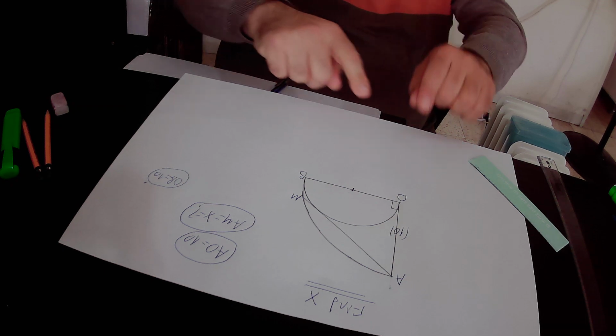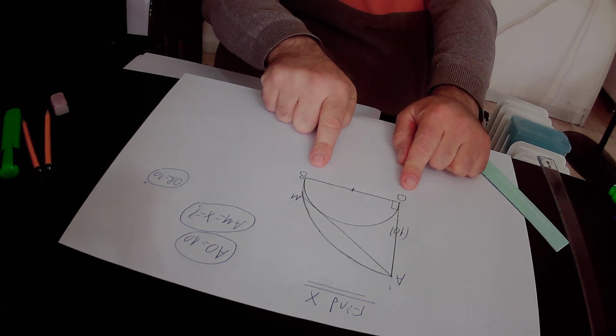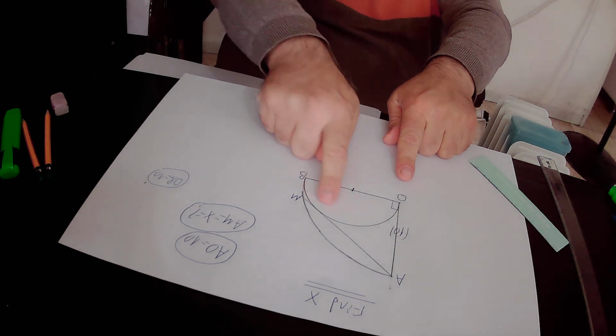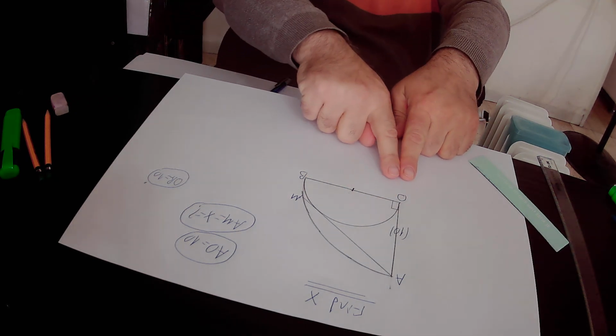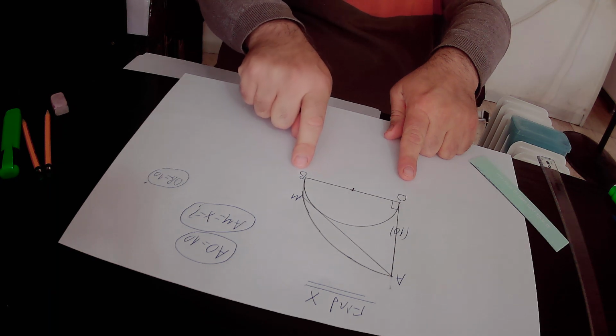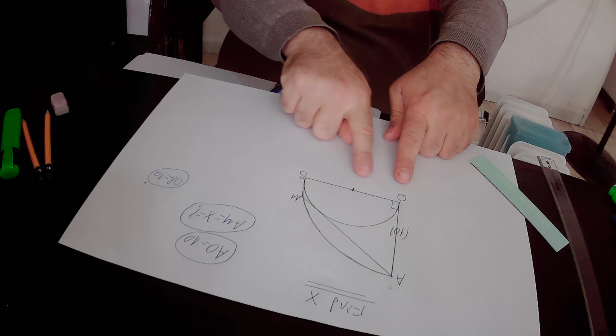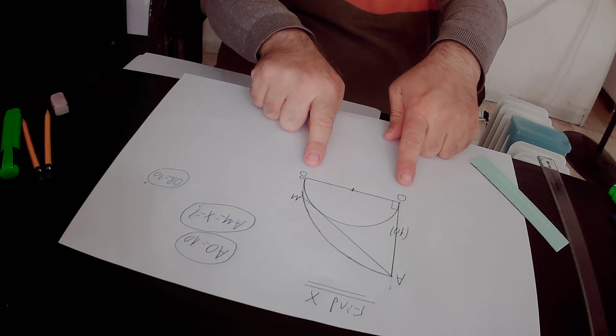And OB is not only the radius of this quarter circle, but it is also the diameter of this semicircle. So now we know that the diameter OB of this semicircle equals 10 units. Therefore, the radius of this semicircle must be equal to 10 over 2, that is 5.